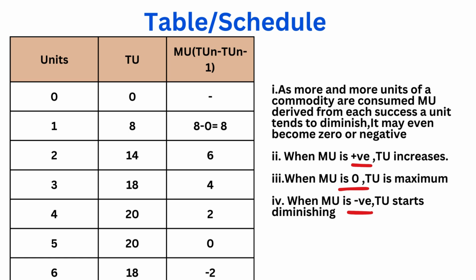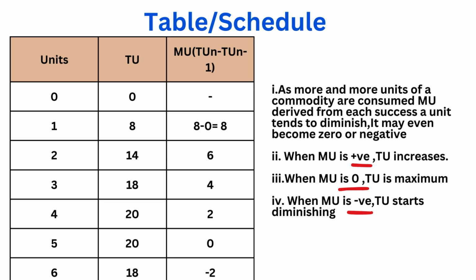Second point is, when MU is positive, TU increases. You can see when MU is positive, like 8, 6, 4, 2, the TU is increasing from 0, 8, 14, 18, 20, from unit 0 to 4. Let's look at the third point, that is when MU is 0, TU is maximum.